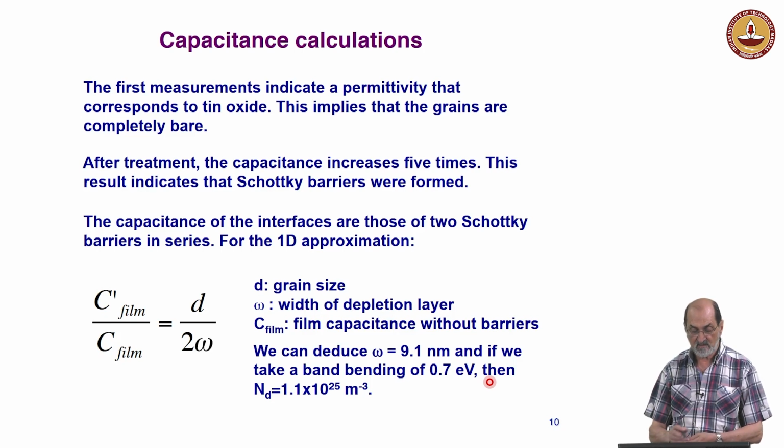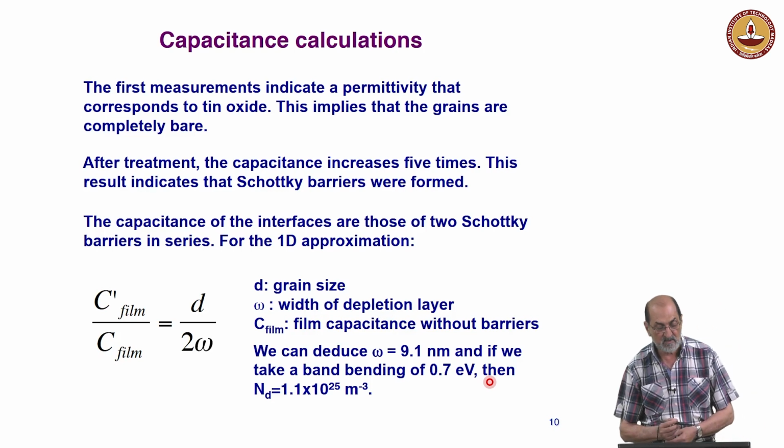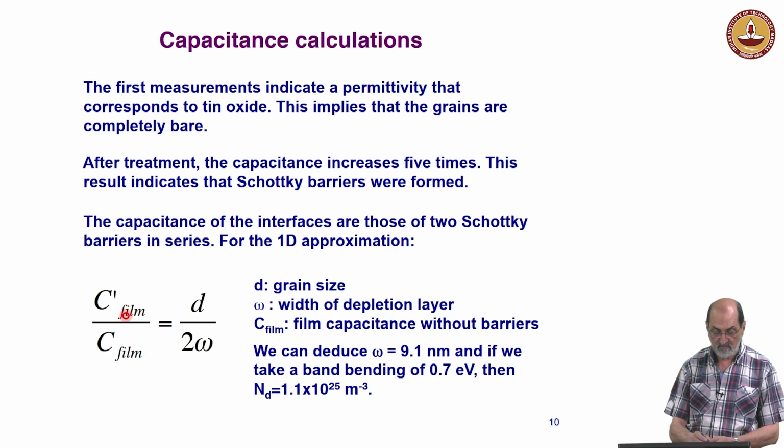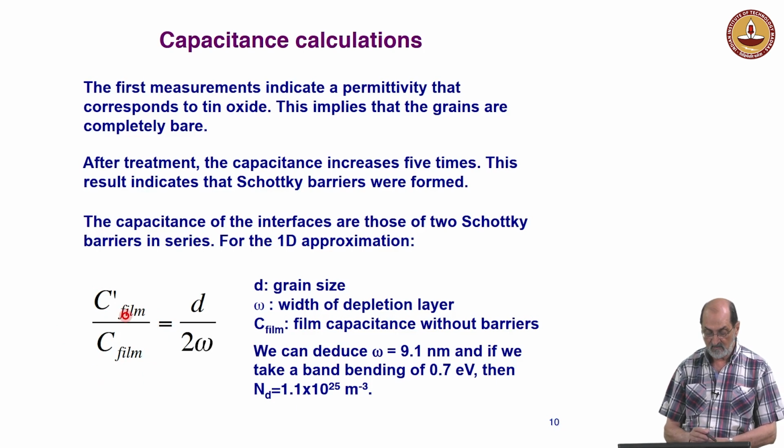If we make a simple one-dimension approximation, the ratio between the film capacitances in the two cases should be related to the size of the grain divided by the size of the grain minus twice the width of the depletion region.